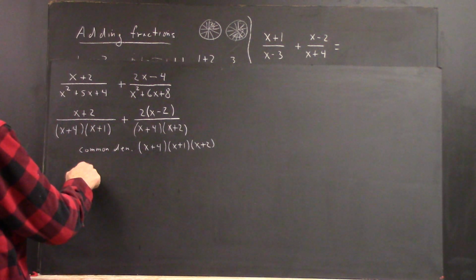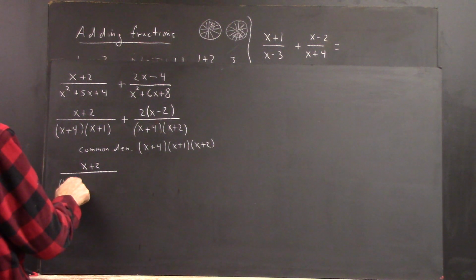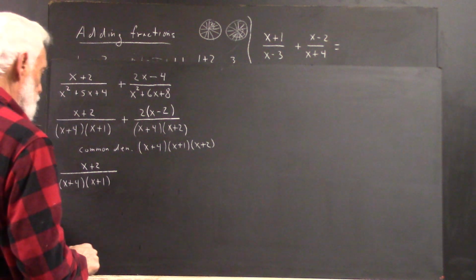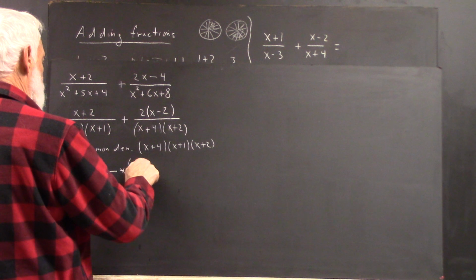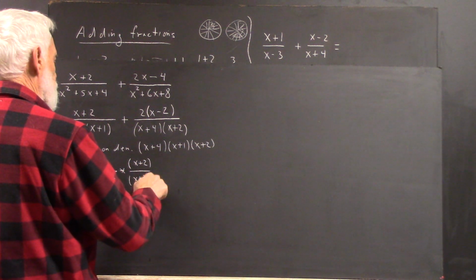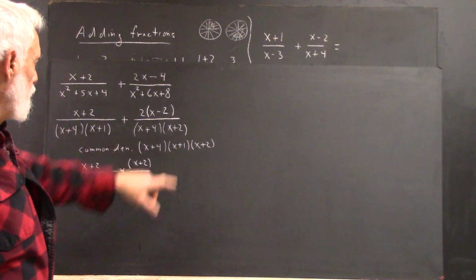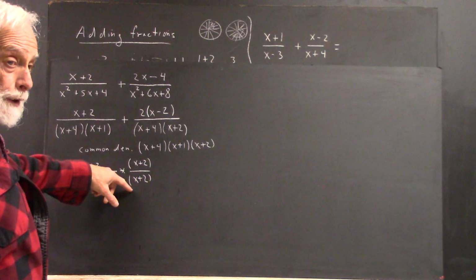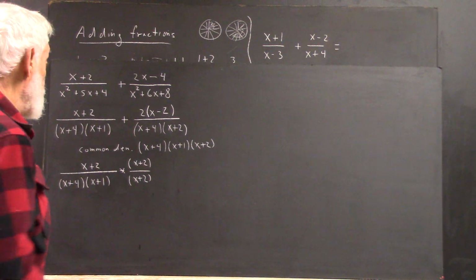And we accomplish that by first writing down this term and multiplying it by x plus 2 over x plus 2. When we multiply this out, the denominator is then going to be the common denominator, and multiplying by a quantity divided by itself is not going to change the value of the term.